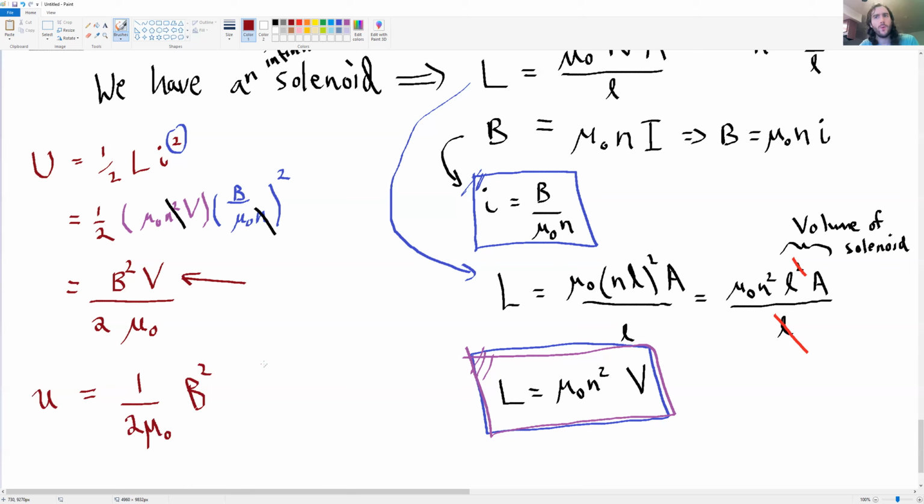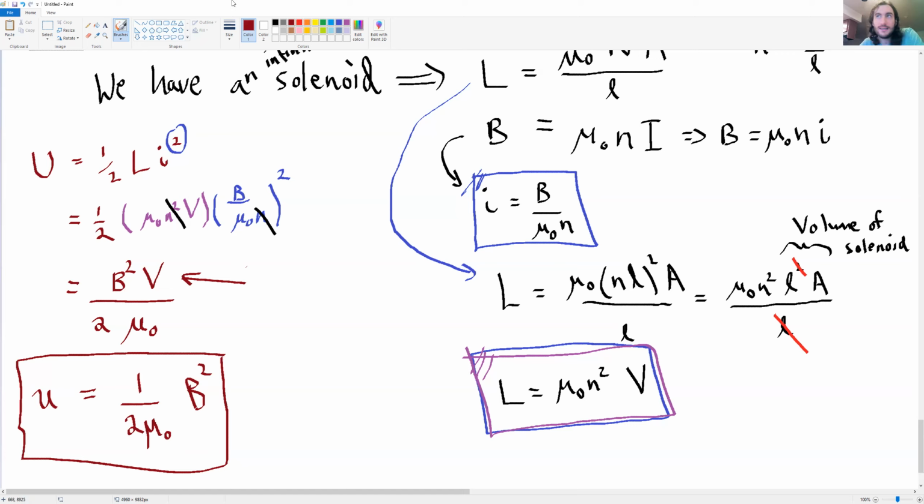So that's why we always divide both sides by the volume, because we end up with a formula that works in general. You can imagine a small volume, and if you make that volume small enough, the magnetic field is always uniform in that small region of space. And so that's why these formulas become more general when we talk about a density rather than the total energy stored there.